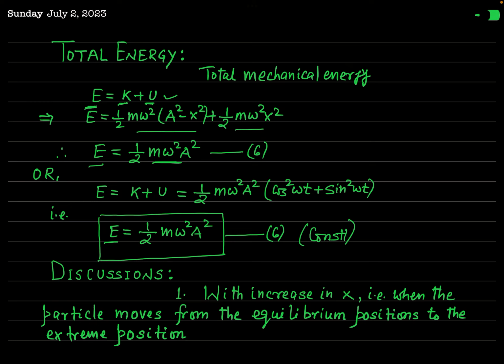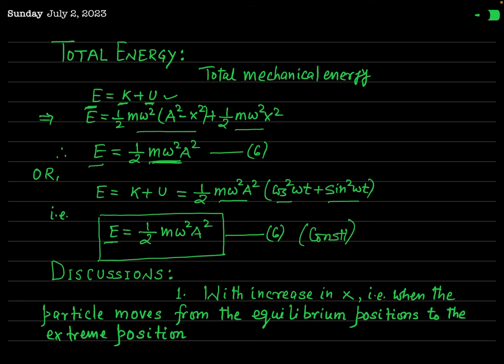Now again, you can get the same result for the energy of the oscillator if you substitute the values of K and U as a function of t. As you have seen, as a function of t, K is equal to half m omega square A square cos square omega t and U is half m omega square A square sin square omega t.